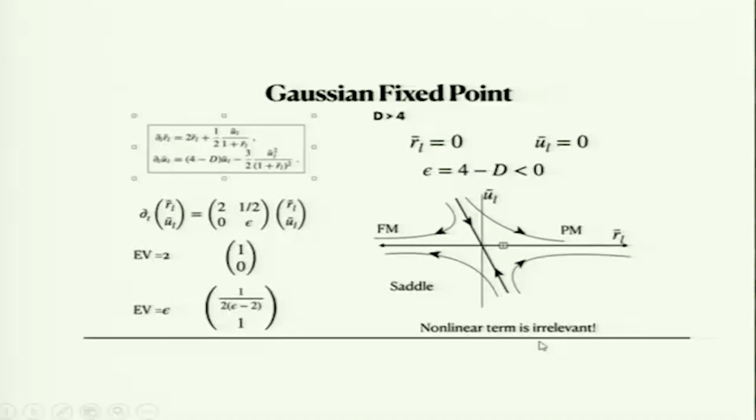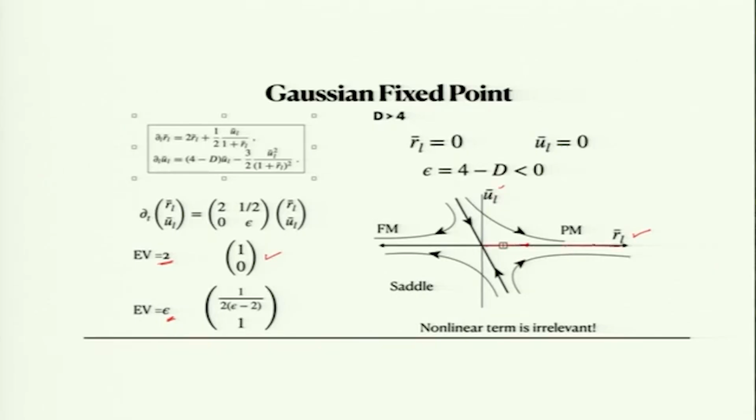I am just going to tell you the result. The two eigenvalues are 2 and epsilon. For 2, the eigenvector is 1 comma 0. This is my RL direction and this is my UL direction. 1 0 will be horizontal, the x component is 1 and the y component is 0.